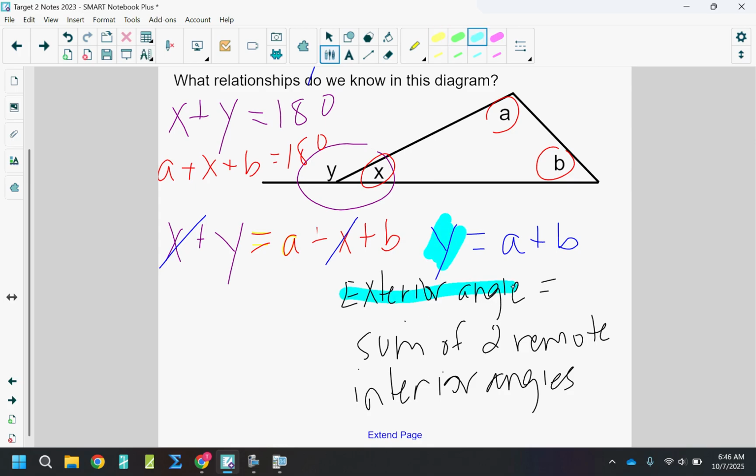That's the exterior angle. The two remote interiors are A and B. When I say remote, I just mean the ones that are furthest away from this exterior angle. So exterior angle theorem just means that the exterior angle is equal to the sum of the two remote interior angles.